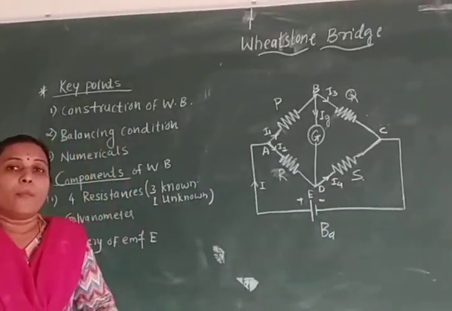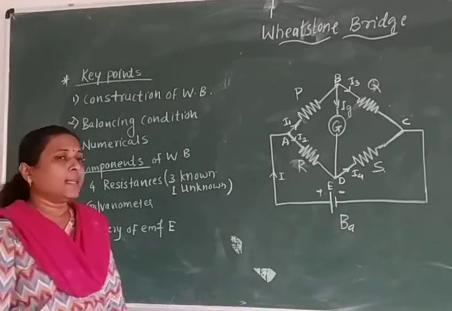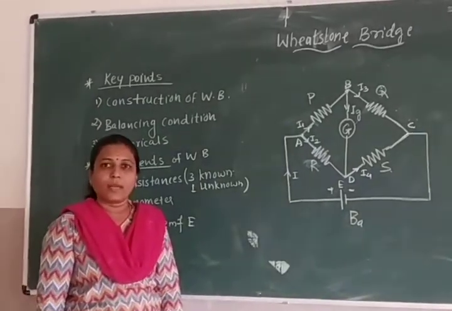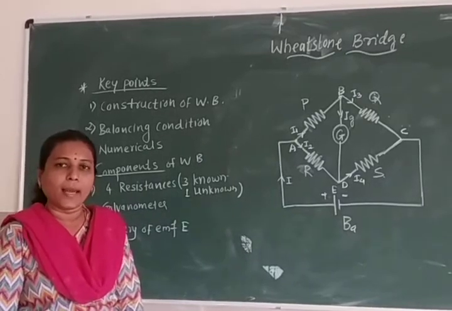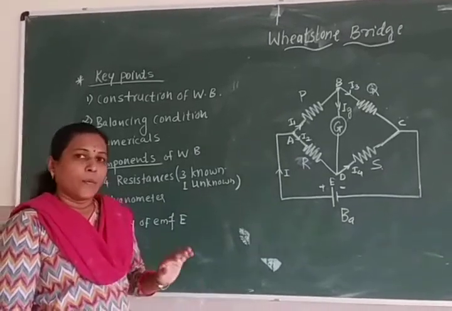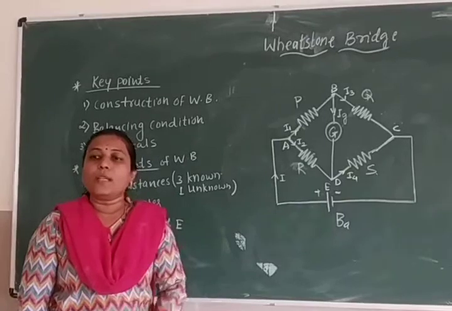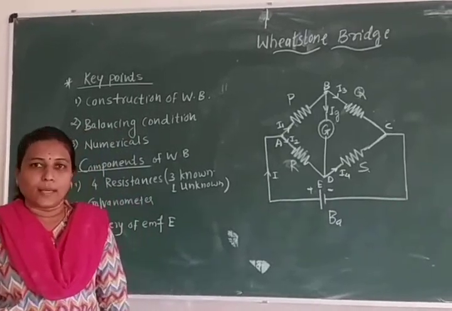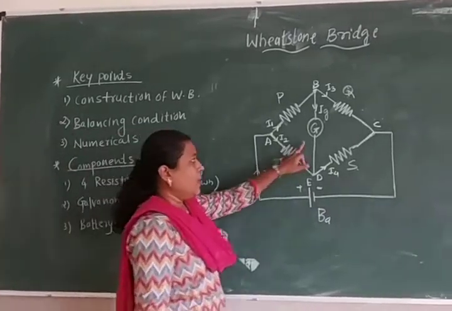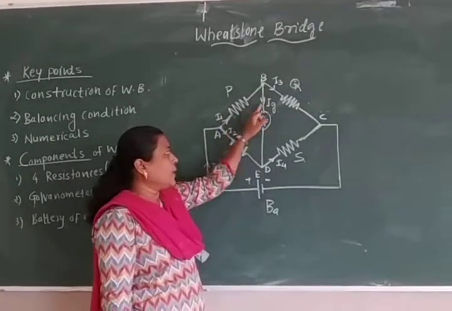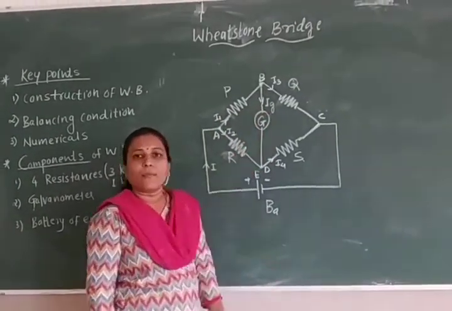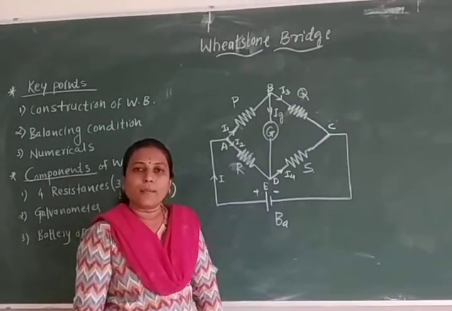Before deriving the balancing condition for the Wheatstone network in terms of these four resistances P, Q, R and S, we have to know the balancing condition. Here, the galvanometer is connected. When current flows in a particular direction, it will show some deflection either to the left or right.